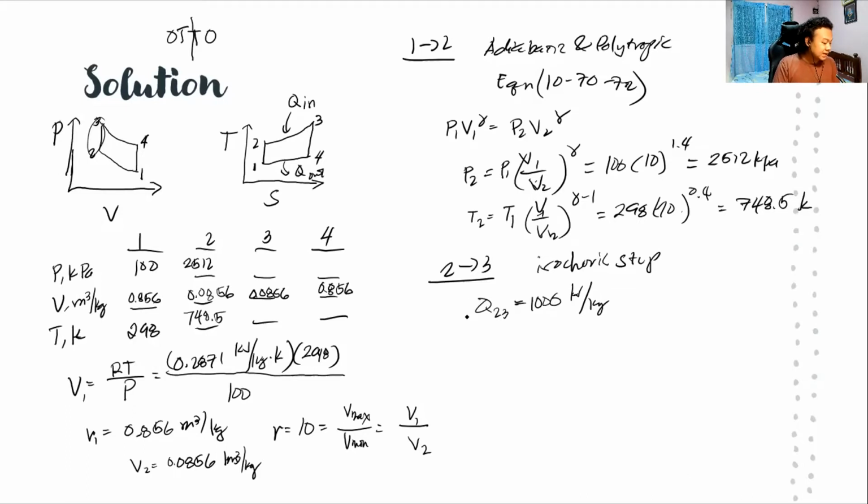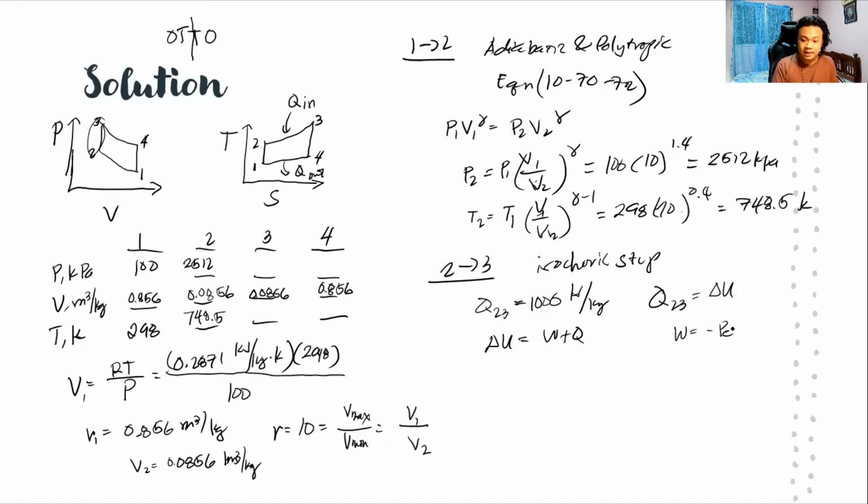And then actually the Q23 is equal to delta U. Isochoric step, meaning let's go back to our first law of thermodynamics. Delta U is equal to Q plus W. So isochoric step meaning there is no work because the volume does not change, diba?